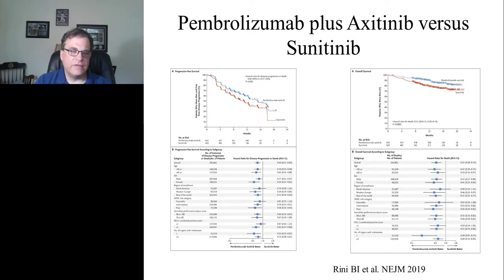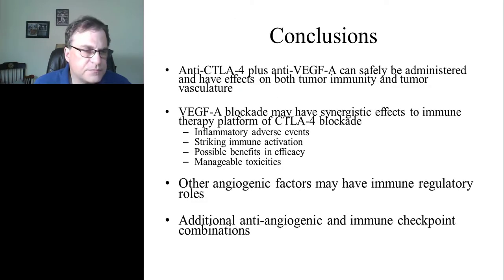And obviously the cancer to focus on is kidney cancer, and it really looks like the combination of anti-PD-1 Pembrolizumab plus Axitinib, which is a TKI VEGF-R1, 2, 3 inhibitor, seems to have a significant improvement in both progression-free and overall survival in patients with kidney cancer. So this notion of combining anti-angiogenesis with immune checkpoint blockade seems to be blossoming a bit, particularly in kidney cancer, and needs further investigation elsewhere.